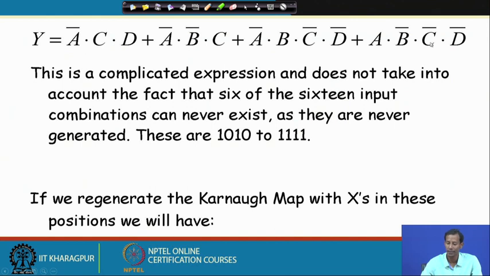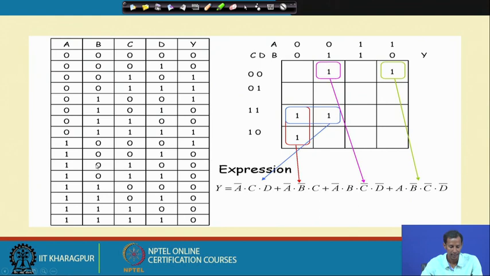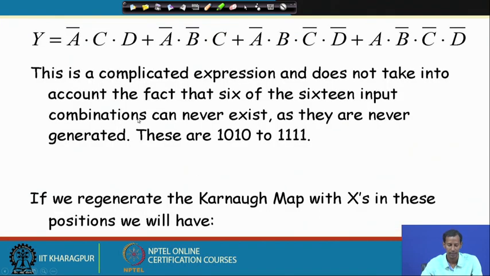Whenever I am getting this expression, at that time this is a complicated expression and does not take into account the fact that 6 of the 16 input combinations can never exist as they are never generated. These are 10 to 15, they have never been generated.